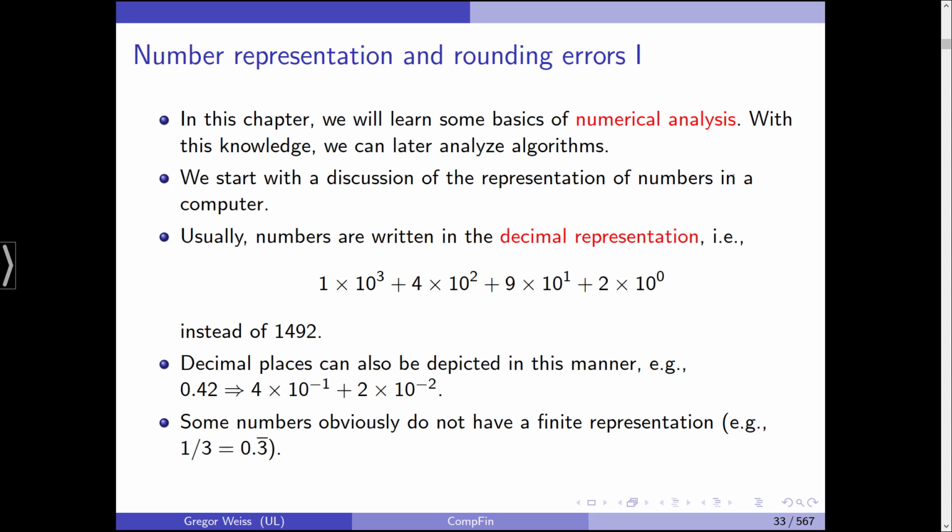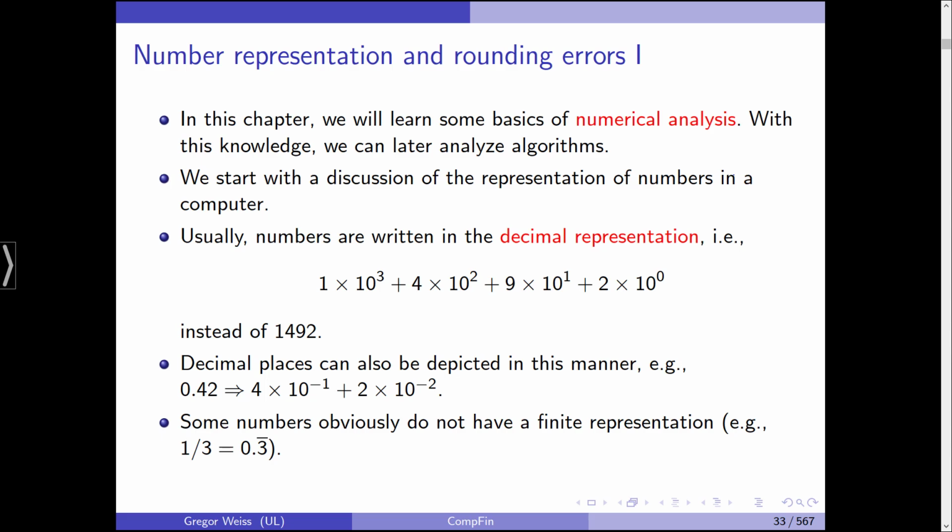We'll start with the representation of numbers in a computer. Now, we as humans work in the decimal system. We have 10 digits on our hands. That's why we are using the decimal system. So if, for example, we want to write 1492, we think of this as 1000 plus 4 times 100 plus 9 times 10 plus 2 times 10 to the power of 0, which gives us 2.